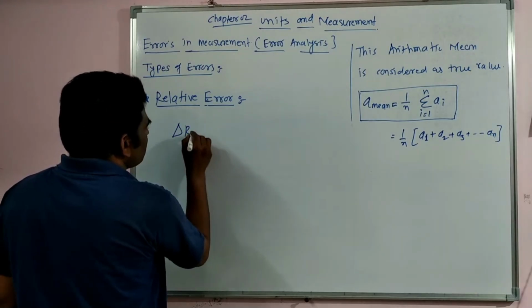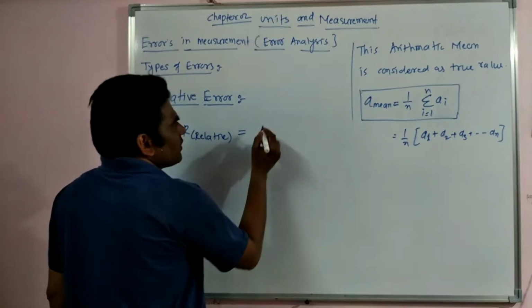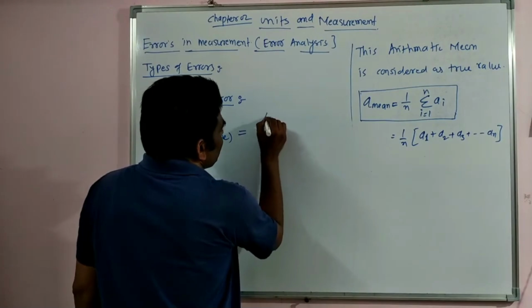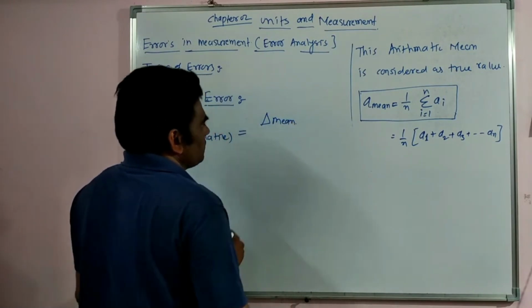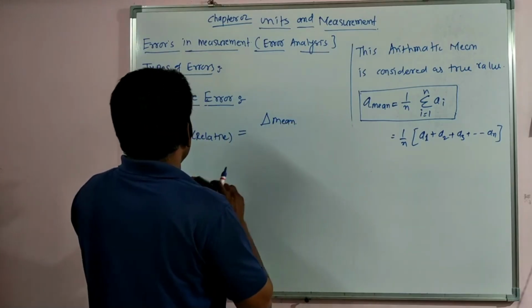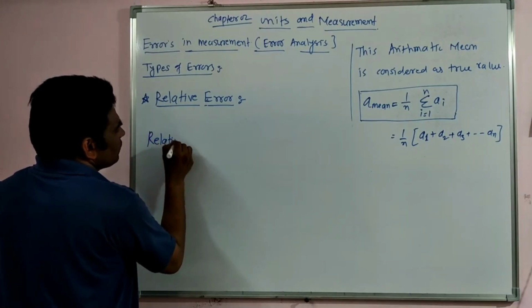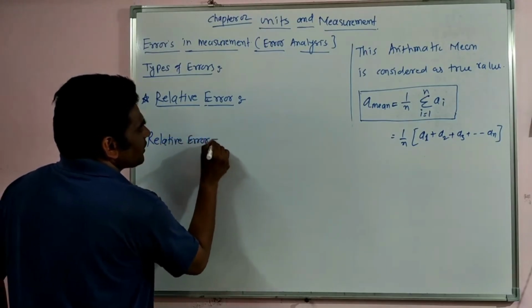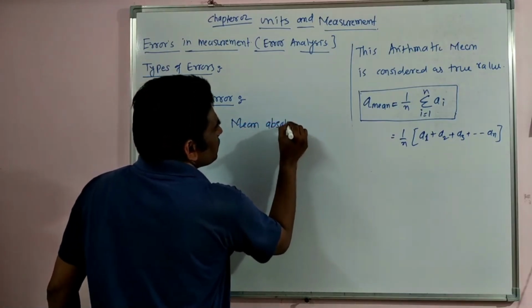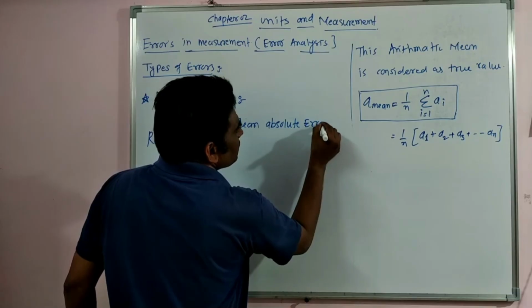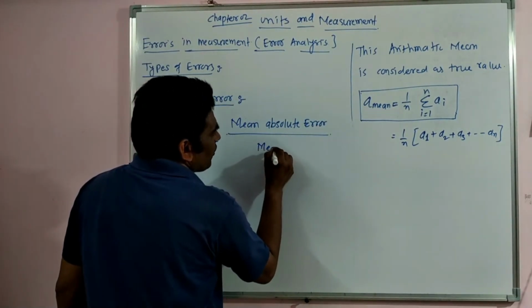Relative error is equal to the mean absolute error divided by the mean value, or arithmetic mean.